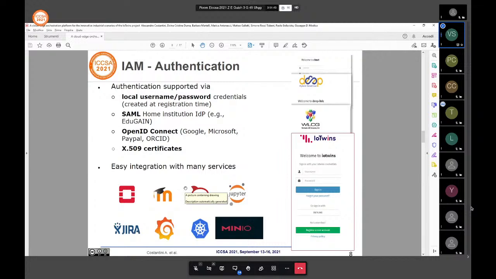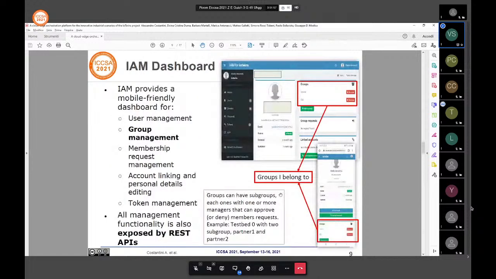On the right, you can see the credentials for the IAM, and the dashboard can be customized with the logo of your institution.